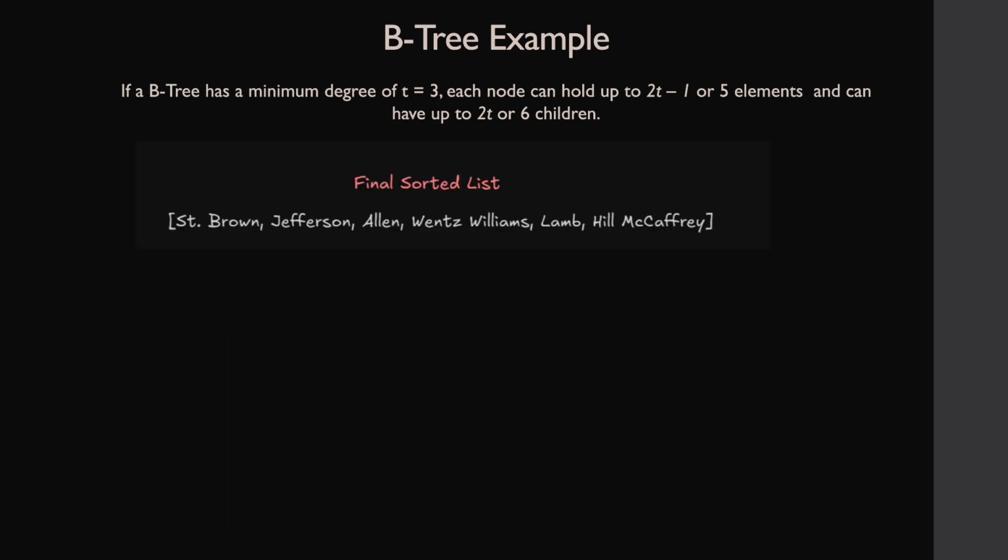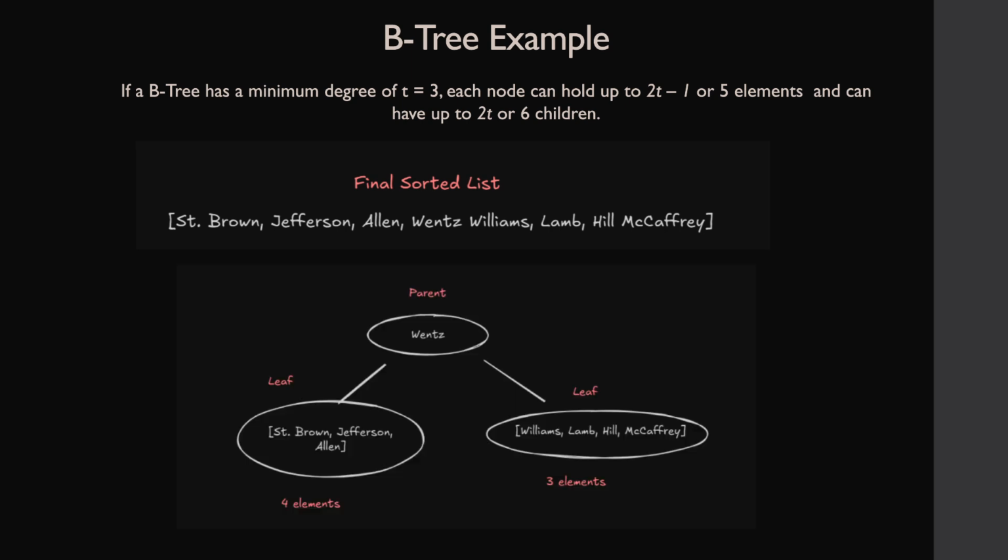So this is our final sorted list, and we continue to insert the rest of our players, Jefferson and Lamb. And doing so, Jefferson would be placed into the left child, and Lamb would be in the right child in terms of scoring. And it is still B tree compliant as well.